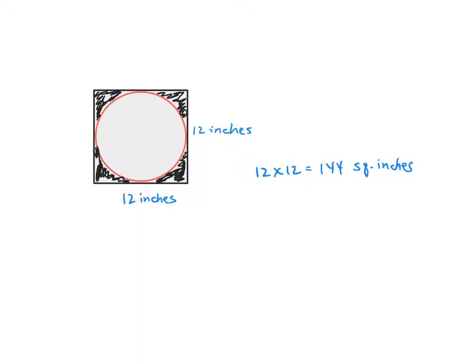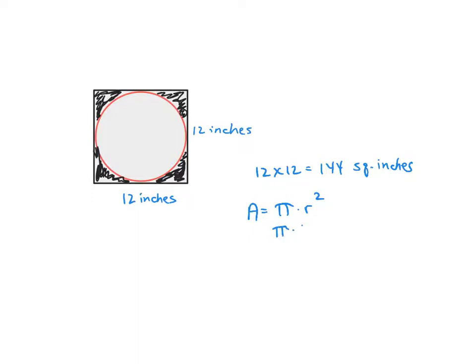If I figure out what the area is of the circle, I could subtract out the area of the circle, and then I would know how much I have left for the shaded part. So the area of a circle, once again, is pi times the radius squared. If the diameter of the circle is 12 inches, that means that the radius is 6 inches.